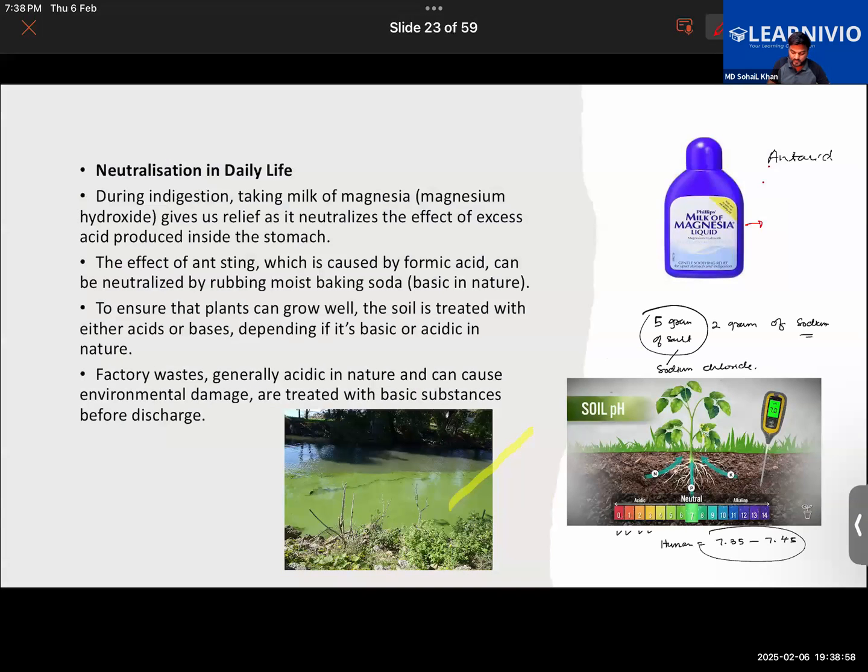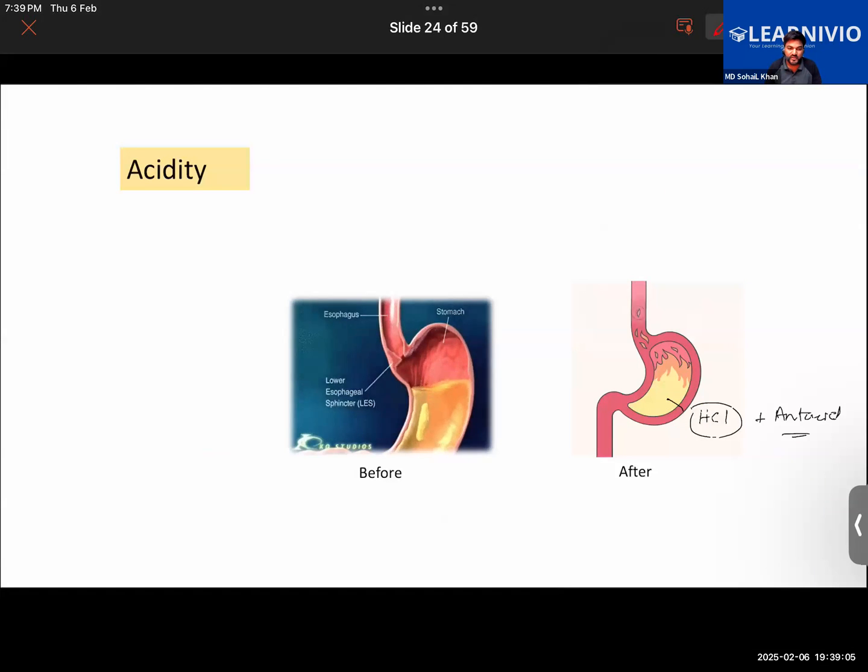Further, this neutralization reaction occurs in our daily life also. Suppose we suffer from acidity, when too much hydrochloric acid is released into the stomach. It causes stomach ache, or a burning sensation in the chest, right?